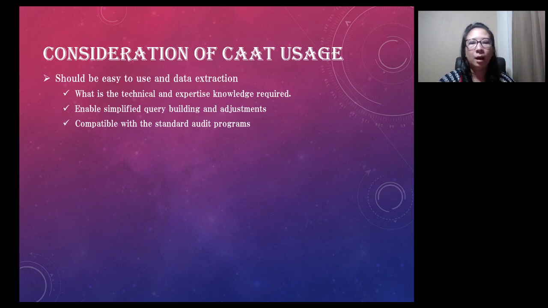And then in terms of data extraction, we need to think about whether we need a simplified query. If possible, the query is not like the query when we do programming, right? The query is more on the human side, using human language instead of a programming language.